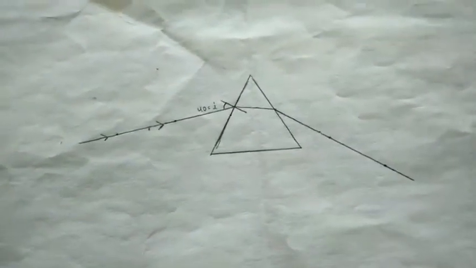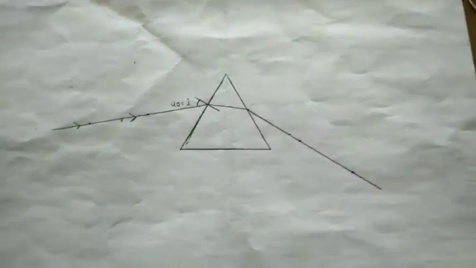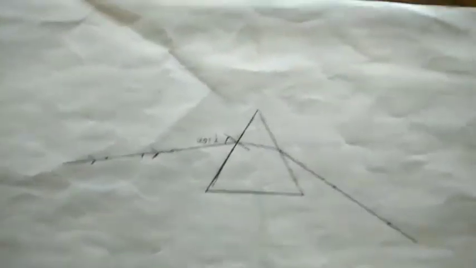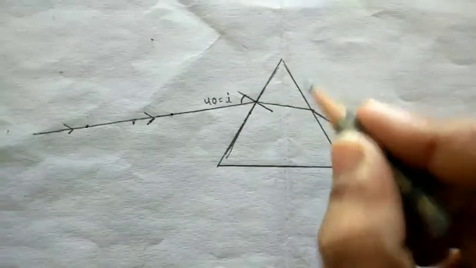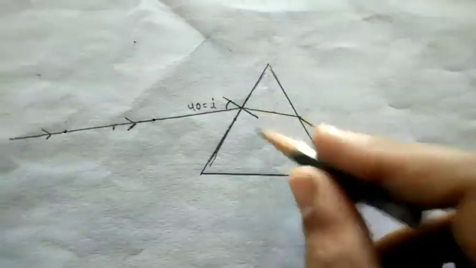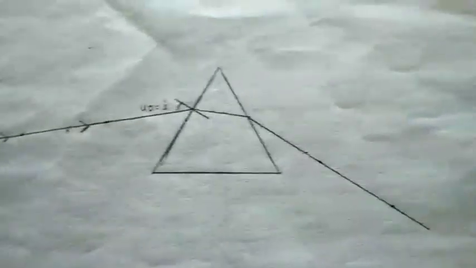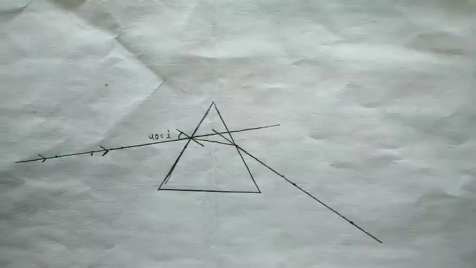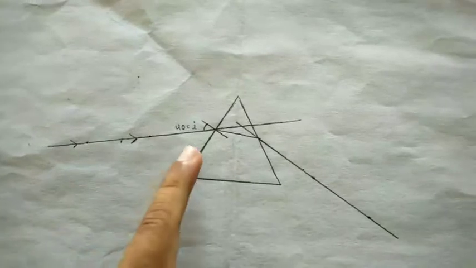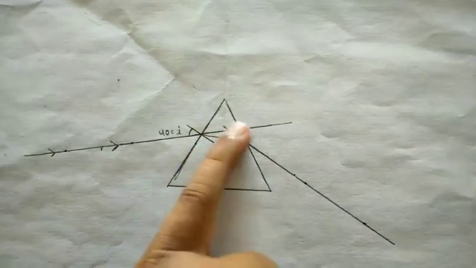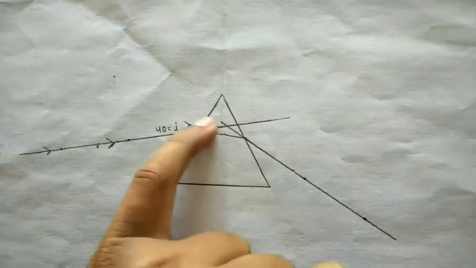Now we have to calculate the angle of deviation. We have to produce the incident ray forward and the refracted ray backward. I am producing the incident ray forward and this refracted ray backward.